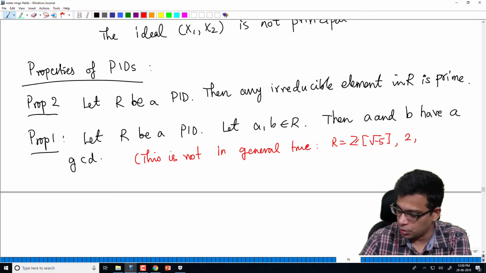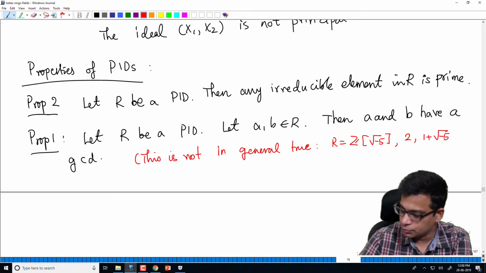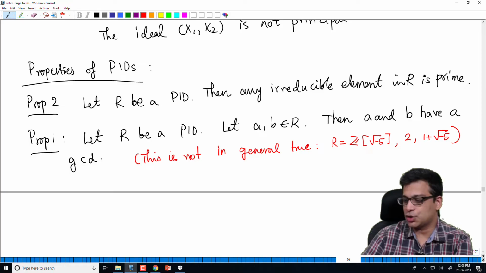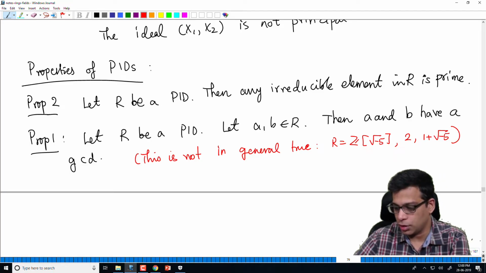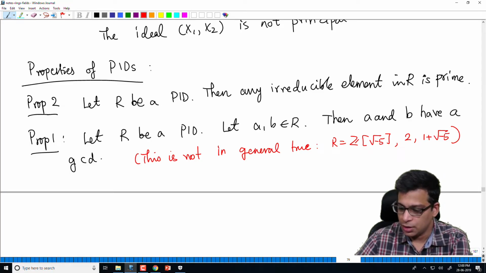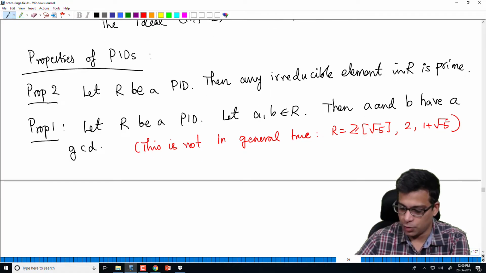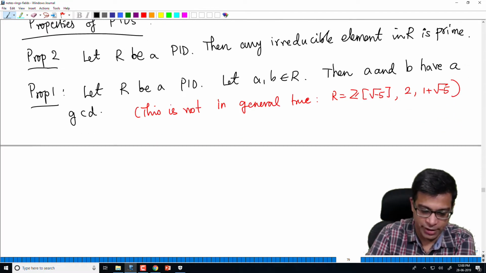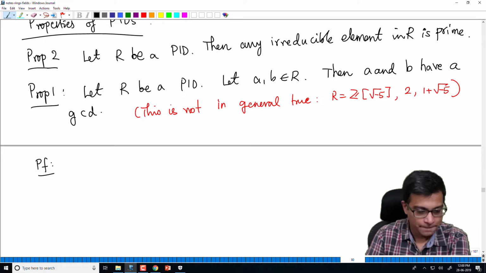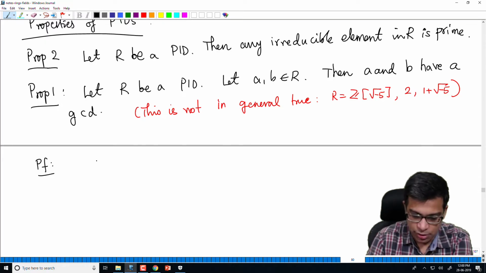So you take these two elements, they are both elements of the ring R, they are not units, and they have no greatest common divisor. However, in the case of PIDs, any two elements have a GCD. And why is that? It's very simple.